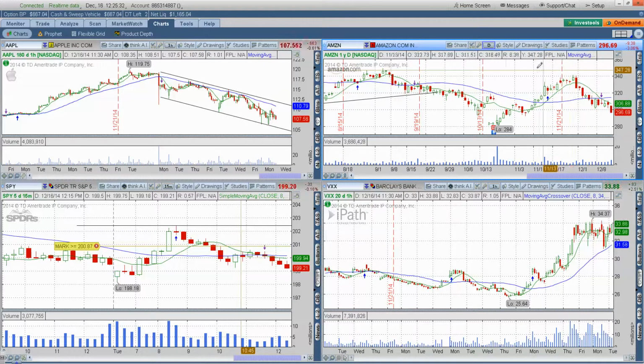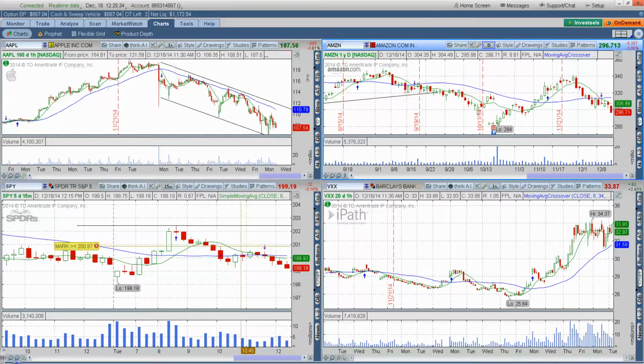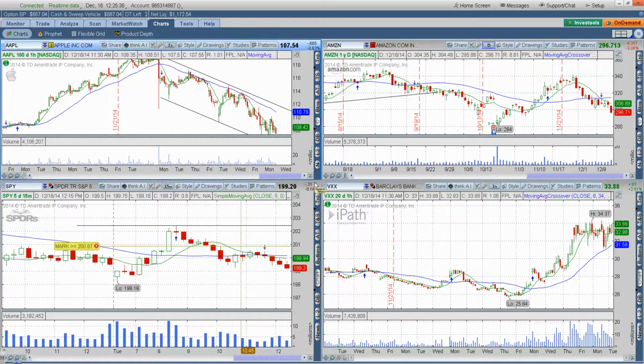But going back just to setups and what is a great setup. Right here you can see I have an alert, and that's kind of a stop loss on this trade for the spiders because I just had a sell signal today, which is why I got into this trade.